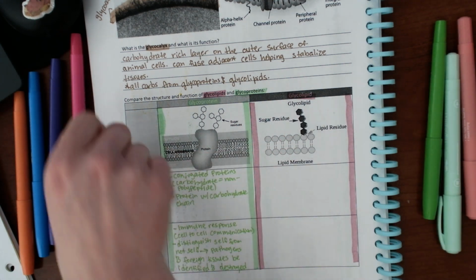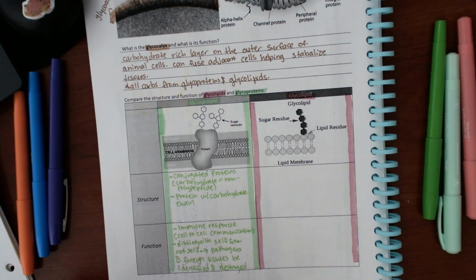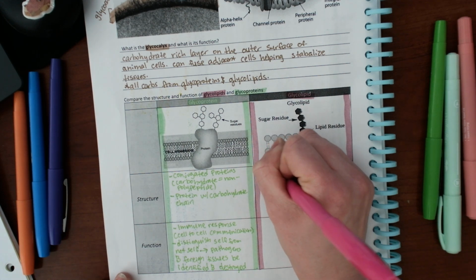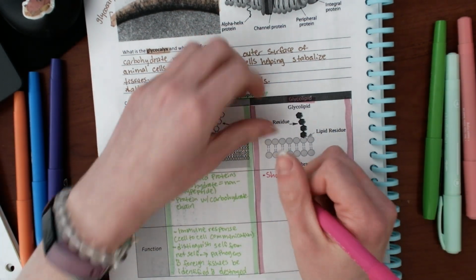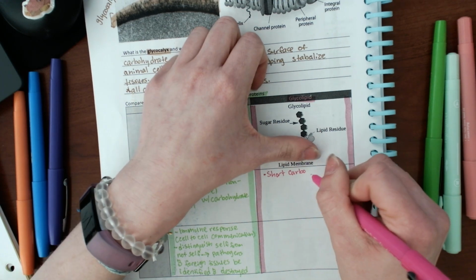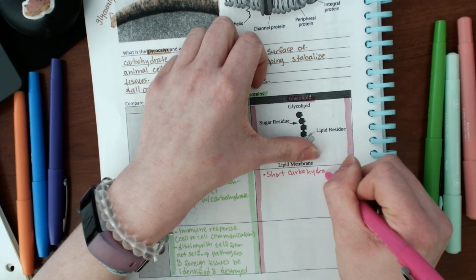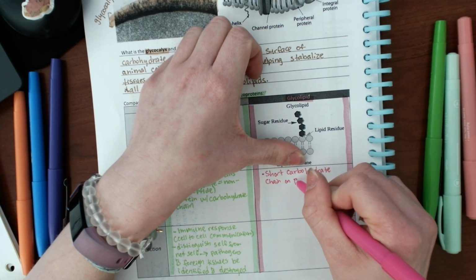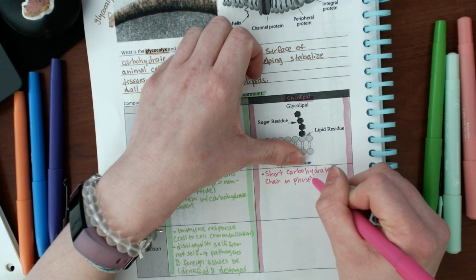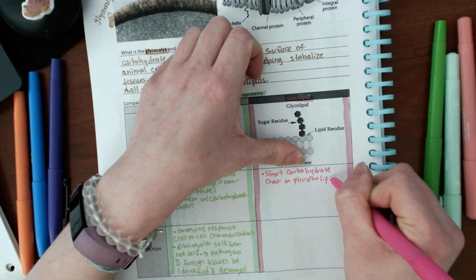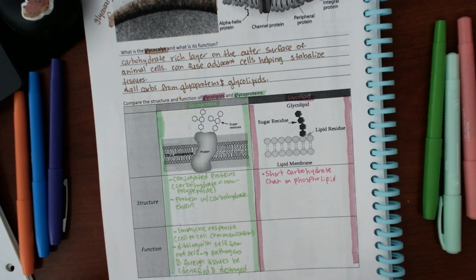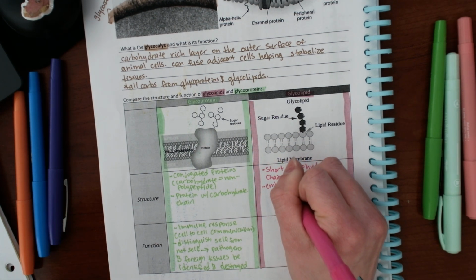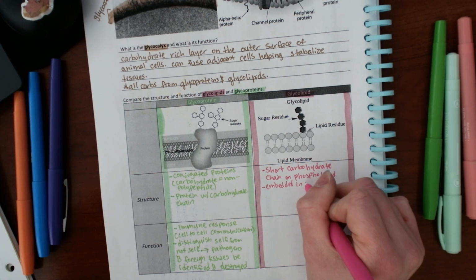And then your glycolipids are a short carbohydrate chain on a phospholipid. They're embedded into the membrane, embedded in and then sticking out.